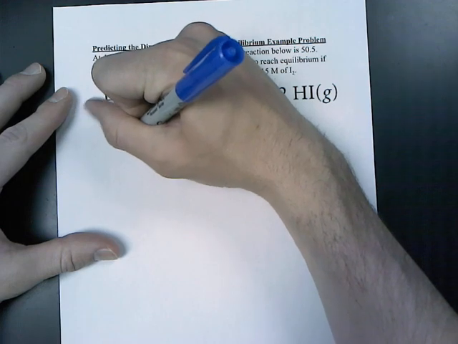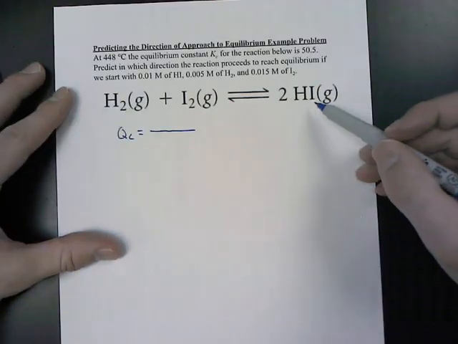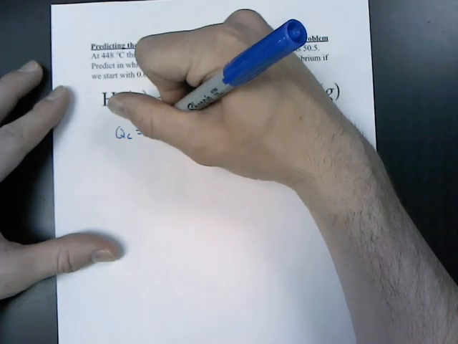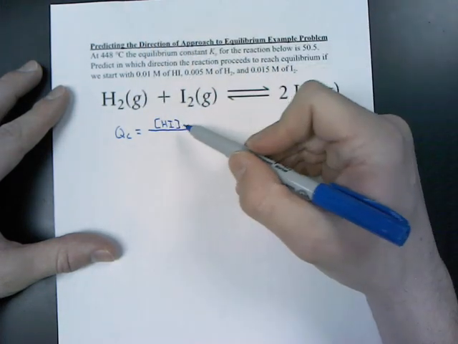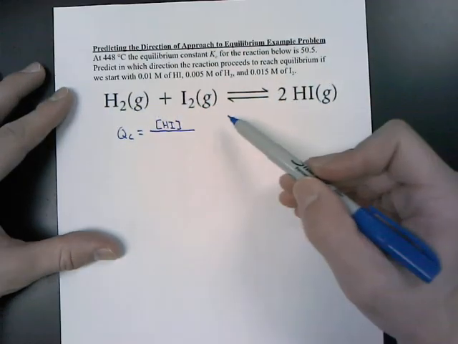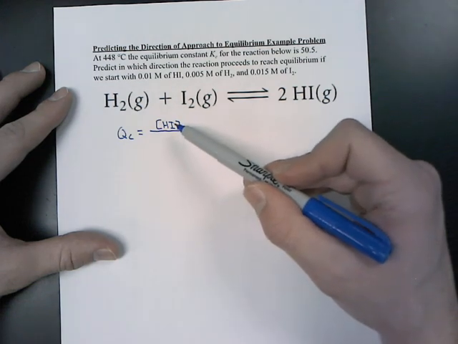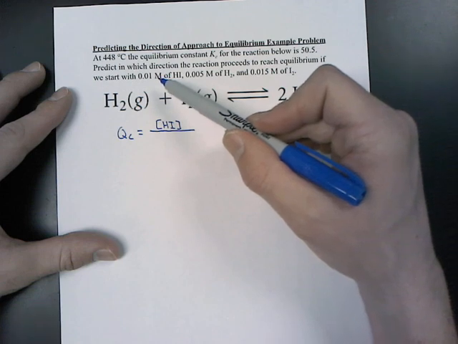So what we're going to do is this. Our Qc is going to be our products, which is HI. Now, I know I've been writing this as concentration, and these are listed as gases. The reason I'm putting these things in brackets is because what we have is concentration, molar.